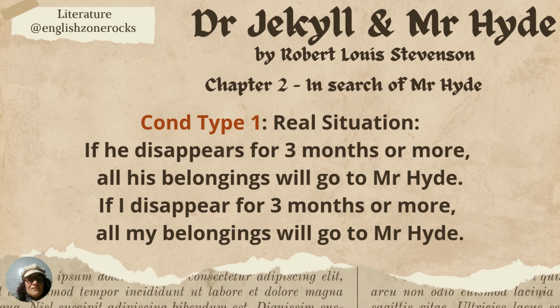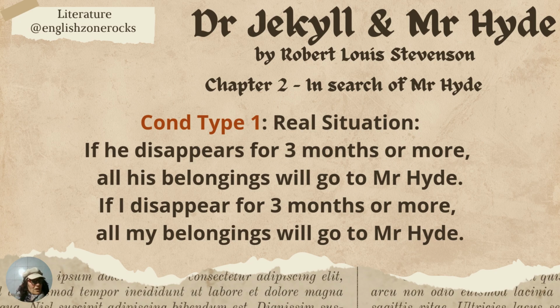And here we've got some situations with a student of ours, because when he was retelling the story in past, he mixed them up. He mixed part of conditional 1 and part of conditional 2. So we wrote these ideas. Remember, conditional type 1, real situation. If Jekyll disappears for 3 months or more, all his belongings will go to Mr. Hyde.